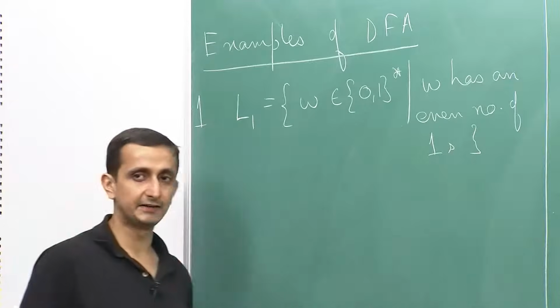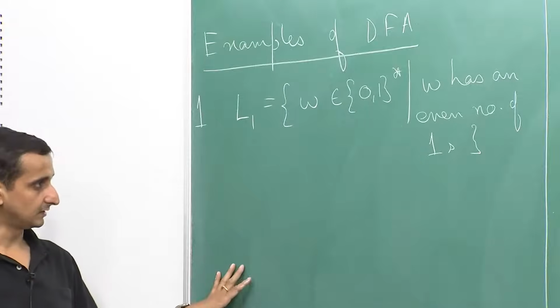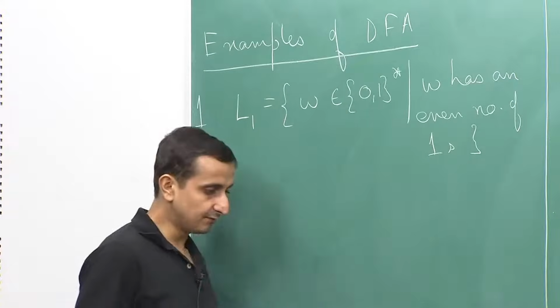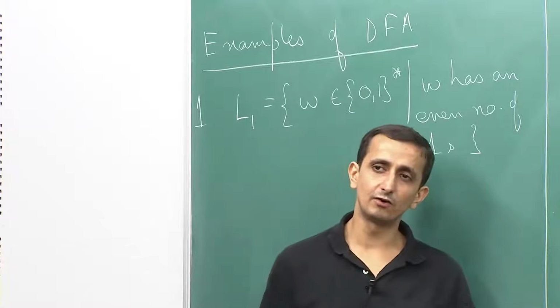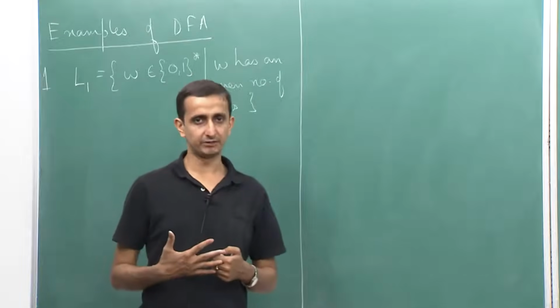Okay. So, all strings that contain an even number of ones. So, how do we construct the DFA? Once again, before constructing the DFA, let us try to understand what property the states should capture.